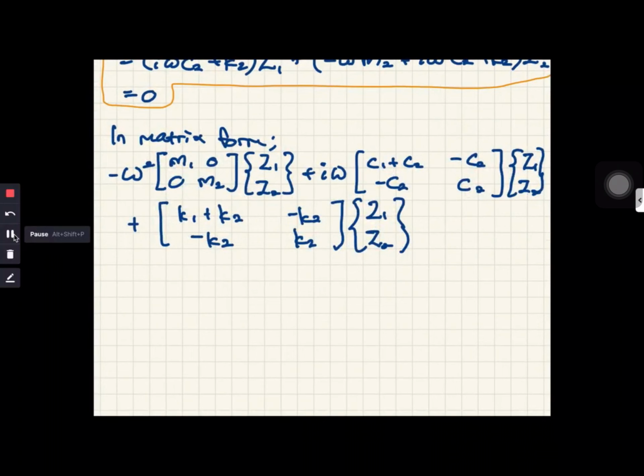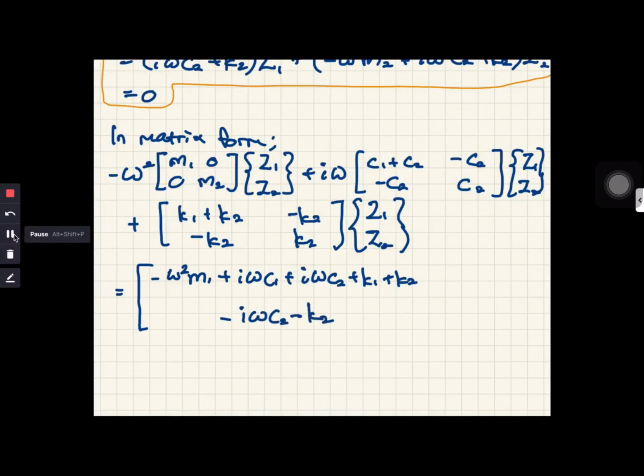Okay, so here, we can gather everything. Negative omega squared m1 plus i omega c1 plus i omega c2 plus k1 plus k2, and negative i omega c2 minus k2.